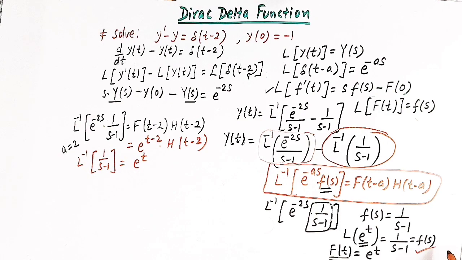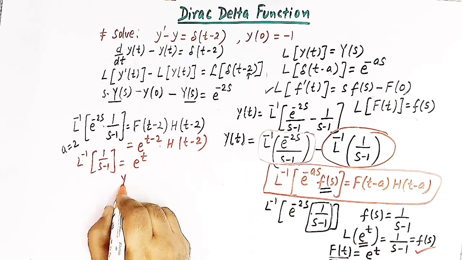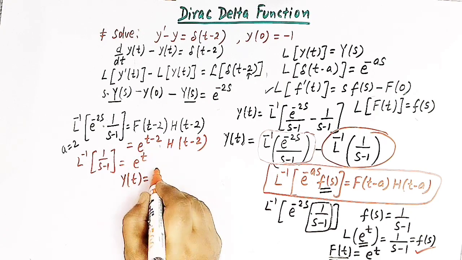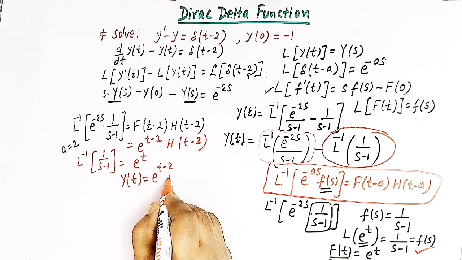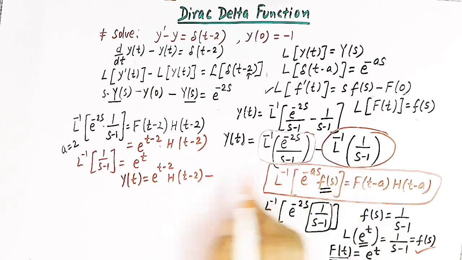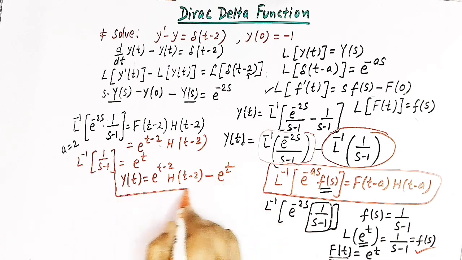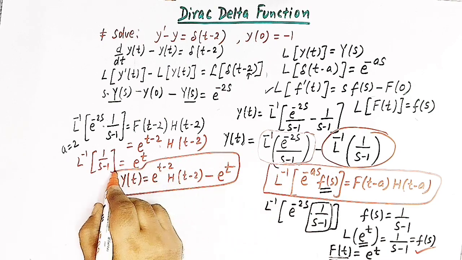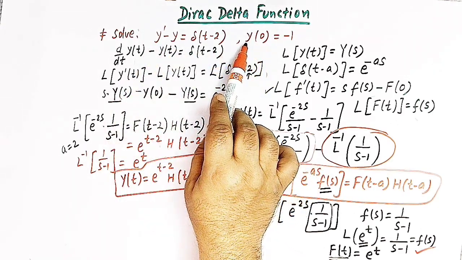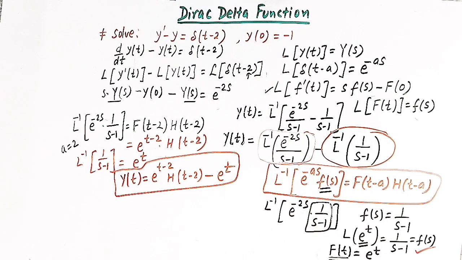So now our function y(t) is given by e raised to t minus 2 times h(t minus 2) minus e raised to t, right? So this is the solution of this differential equation when the initial condition is y(0) equal to minus 1.